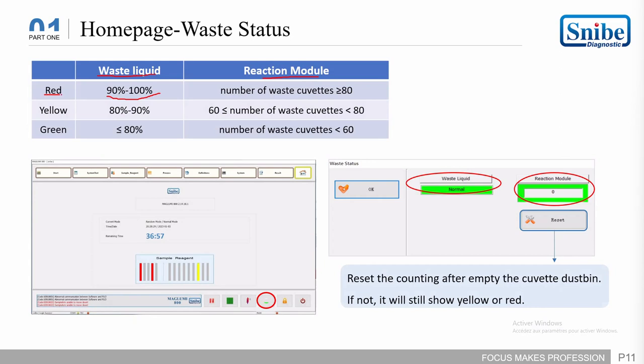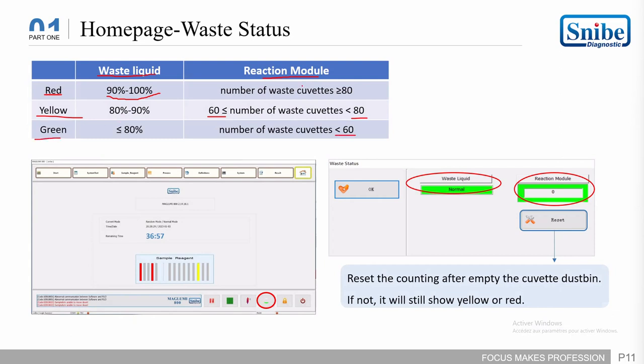It will display red for the reaction cuvette. When the amount of cuvettes discarded in the cuvette dustbin is between 60 and 80, it will display yellow. And when the amount is less than 60, it will display green.